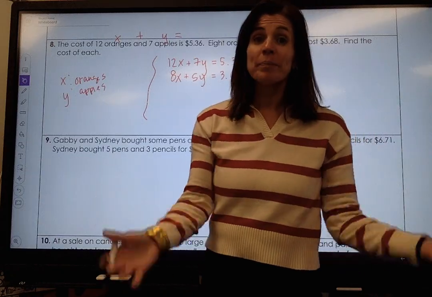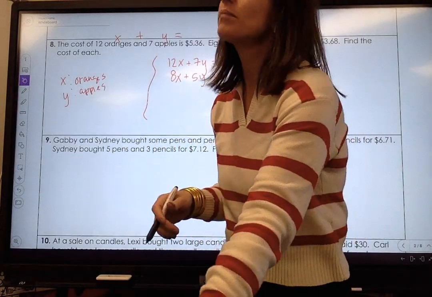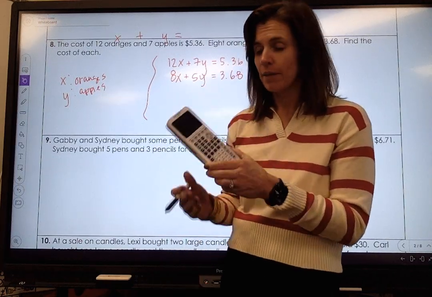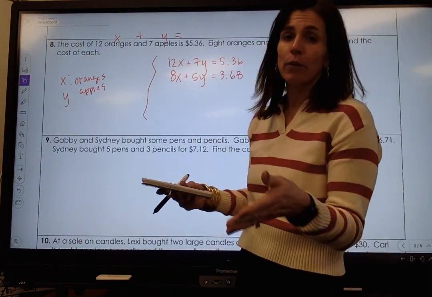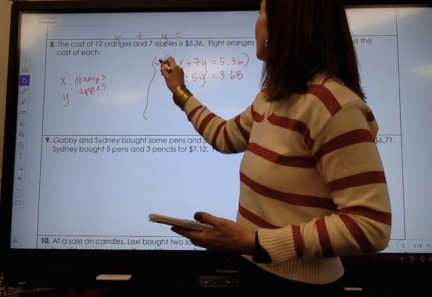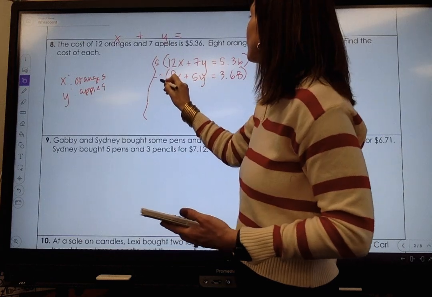So on this one, I'm still going to use elimination. You're going to get into some crazy numbers, so we're going to use this, okay? So you got to figure out what you want to eliminate. I am going to multiply the top one by 5 and the bottom one by -7.